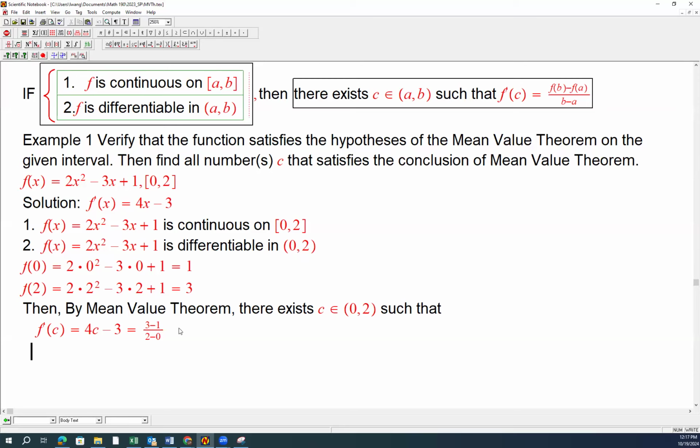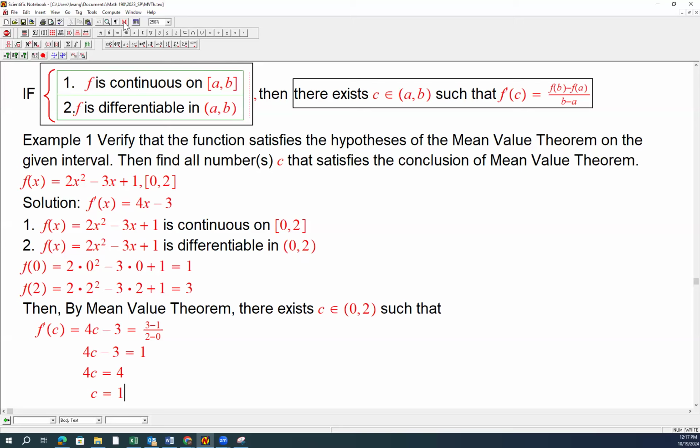So let's organize this equation a little bit and solve for c. We have 4c minus 3 equals 3 minus 1, which is 2, and 2 divided by 2 equals 1. So we got 4c, adding 3 on both sides, equals 4, and c equals 1. And this c is obviously in the interval (0, 2).